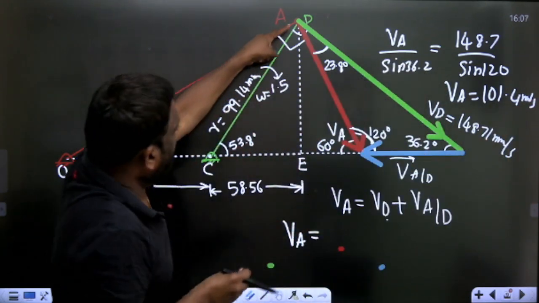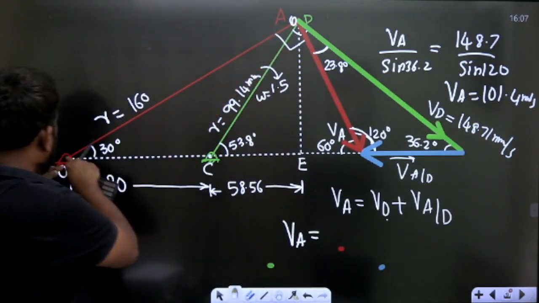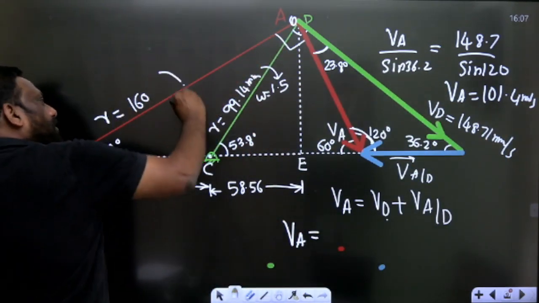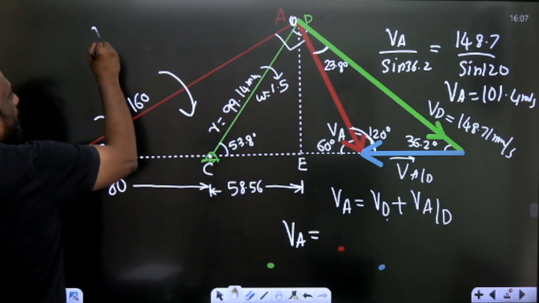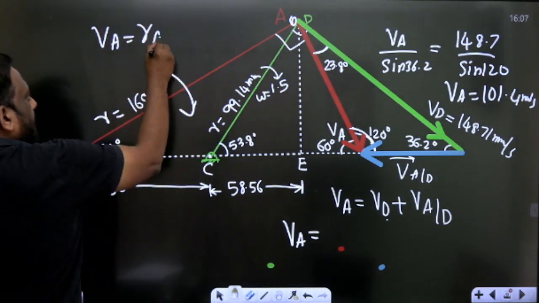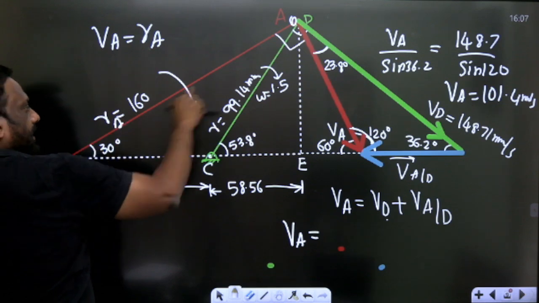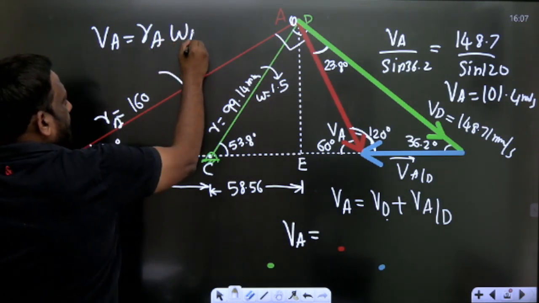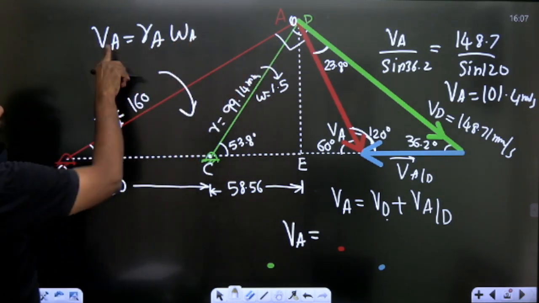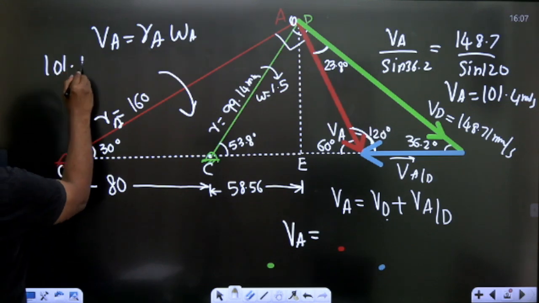So you know the velocity of A, but that is rotating about this point. So if we need its angular velocity, what will it be, sir? Velocity of A is equal to rA, this length, into omega of this link.